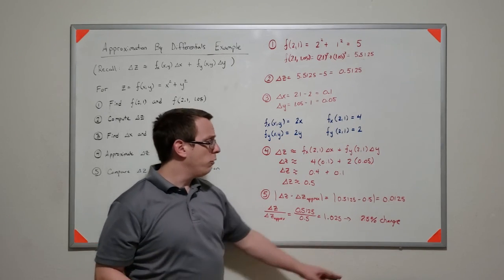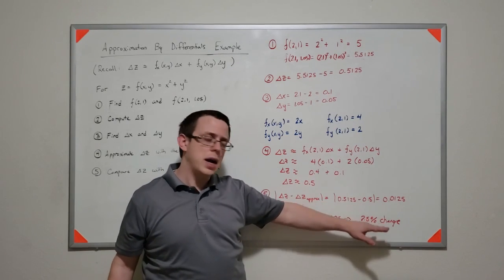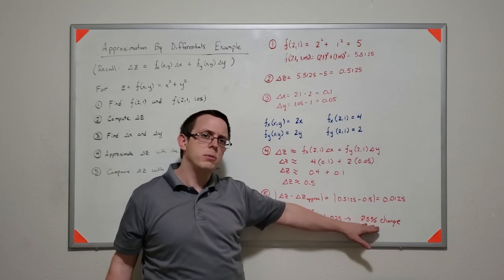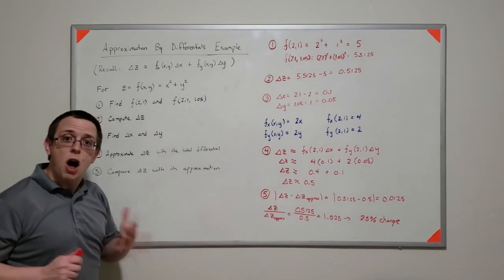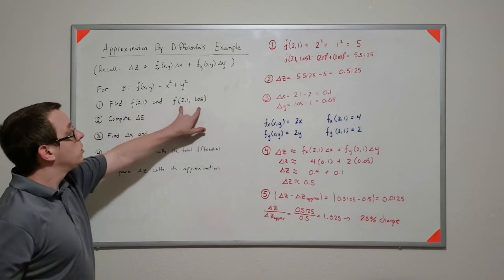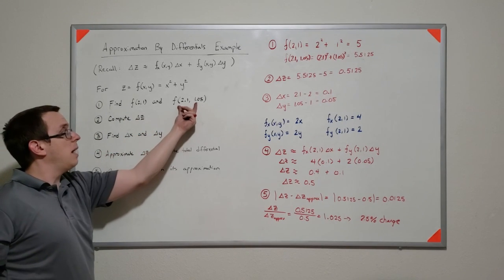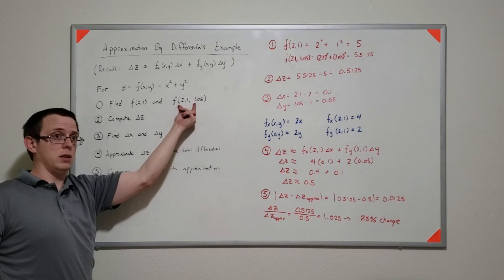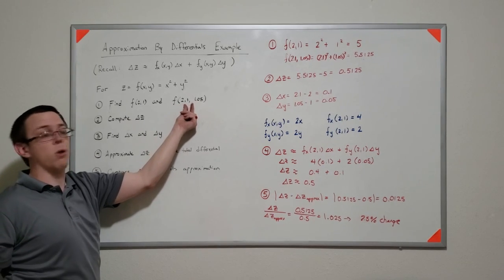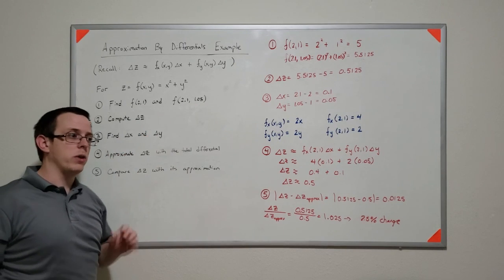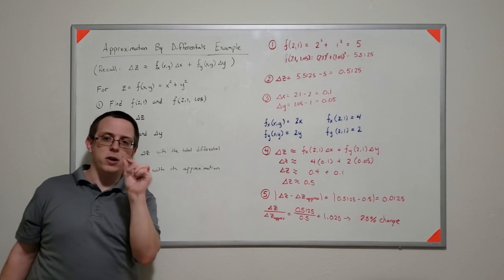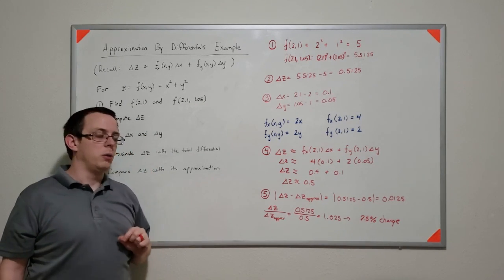So be careful when you look at errors; relative error is a lot of times a better way to judge. This approximation is actually not very good. If I were trying again, I might take a step size that's significantly smaller, such as 2.01 and 1.005, and see whether that gets a much tighter, cleaner approximation.